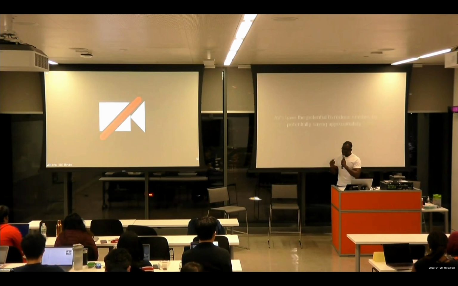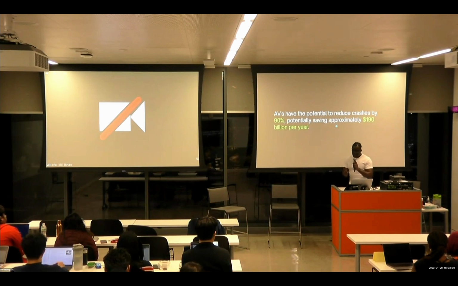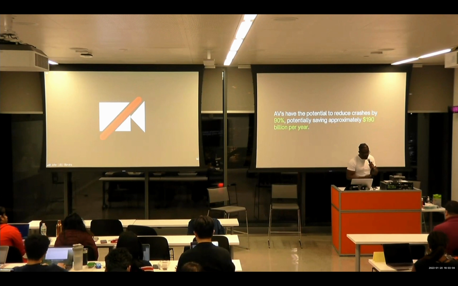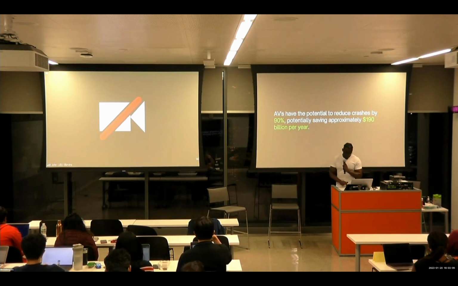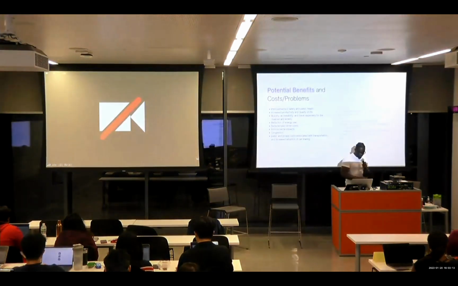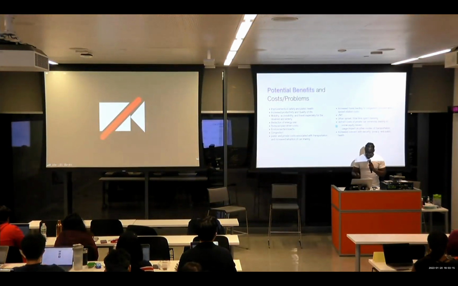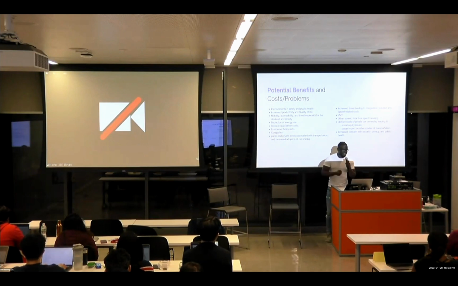Within AV is the potential to reduce crashes by 90%, and also saving approximately 190 billion per year. Other benefits include improved safety, public health, increased productivity, quality of life, mobility and accessibility. Think of the elderly in our community, those with disabilities.